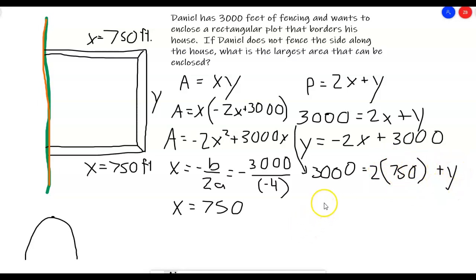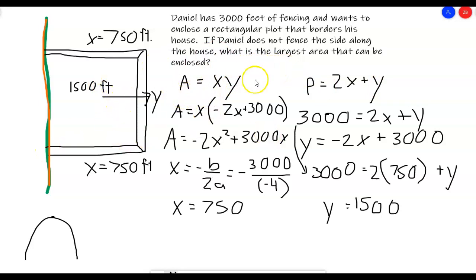Now I can solve for y, and y is equal to 3,000 minus 1,500, which is 1,500 feet. I don't really have space for it, but I'll put it over here: 1,500 feet.